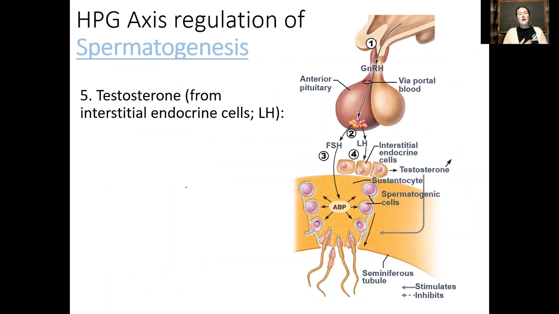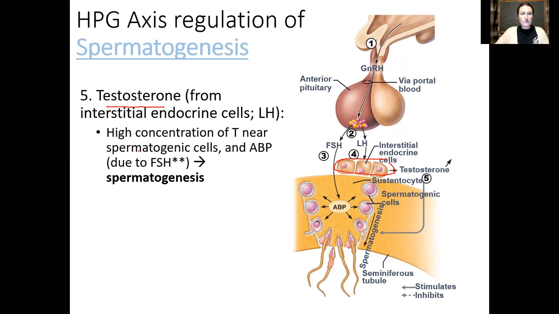Coming back to the HPG axis and how it regulates spermatogenesis, right? We know that the testosterone, which is from these interstitial cells out here, is produced in response to LH binding to them. Okay. As I've said, this extra testosterone in the area, in the testis itself, is going to lead directly to spermatogenesis.